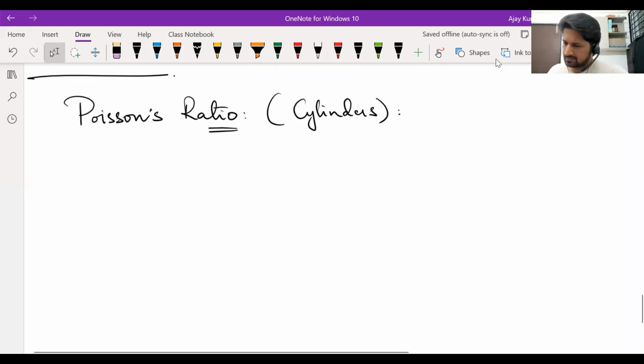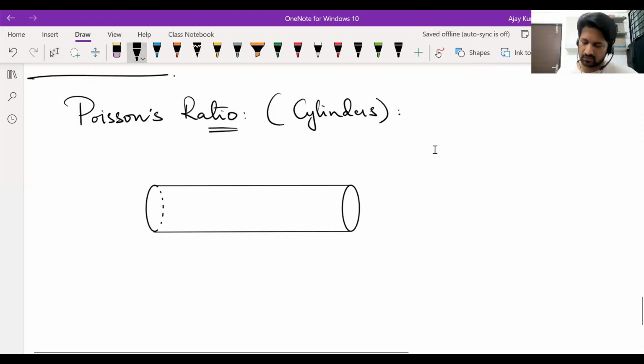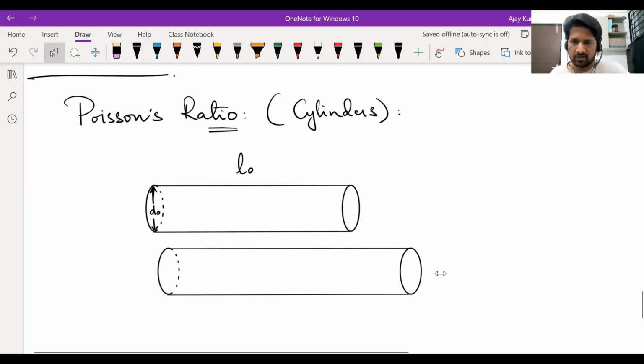Just a moment, let me take the diagram of a cylinder. Assume there is a cylinder whose natural length is L0, means when there's no stress applied on it, its length is L0, and the diameter is D0. When you apply a longitudinal stress on this cylinder, you will be elongating it.